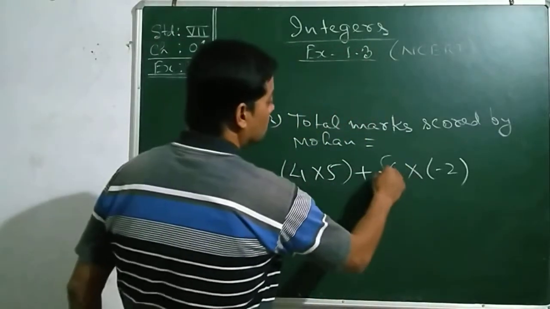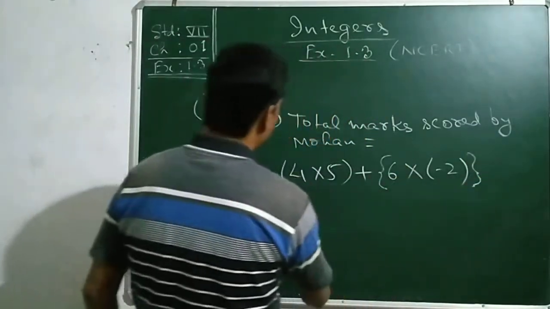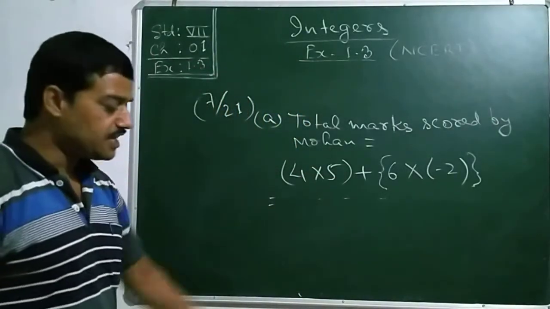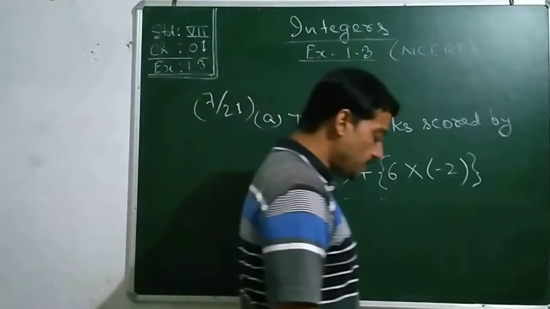Now calculate them, you will get Mohan's score, and similarly you will try to solve the remaining B and C scores also.